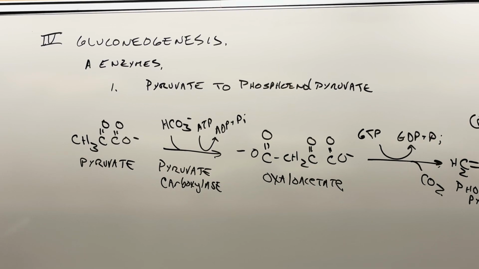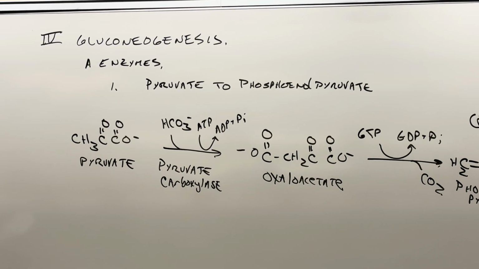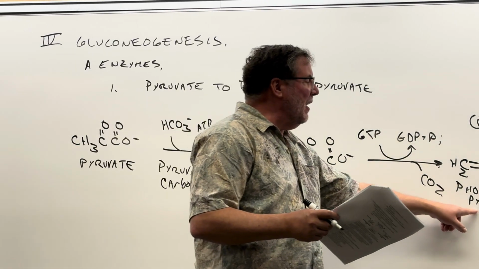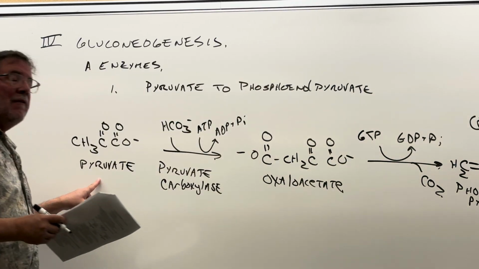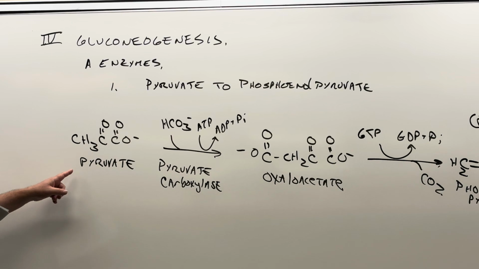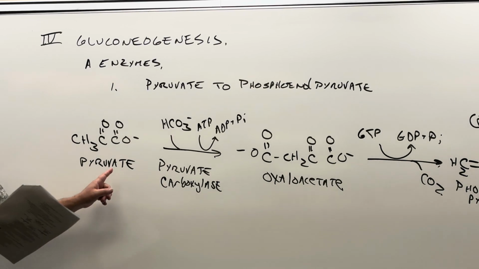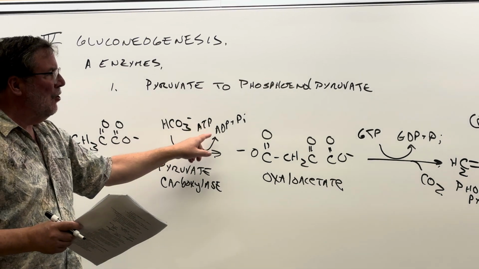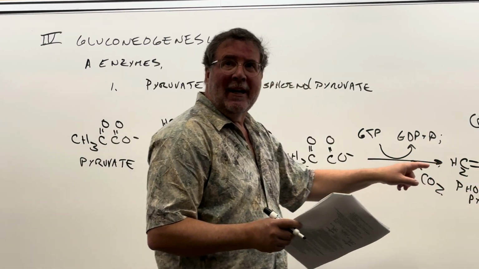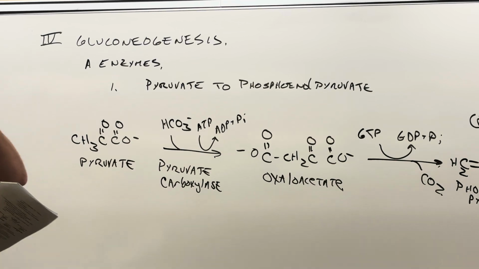One of the things you notice: in glycolysis, the last reaction was the conversion of phosphoenolpyruvate to pyruvate, and that was associated with the synthesis of 1 ATP. Now that we're going backwards, it actually takes 2 ATP equivalents to remake that. So it's energetically expensive to go back.